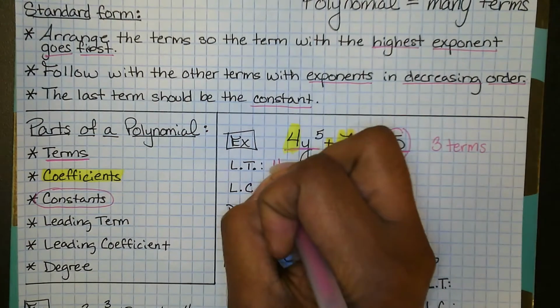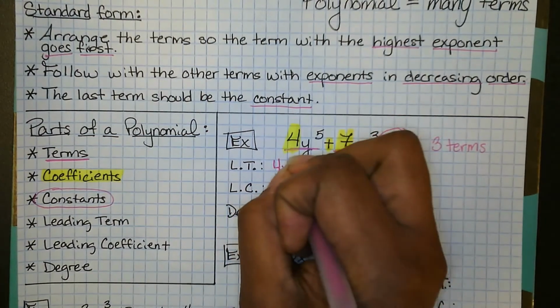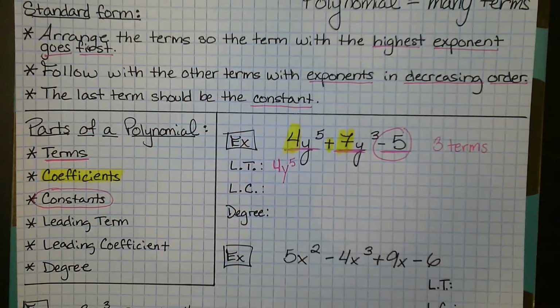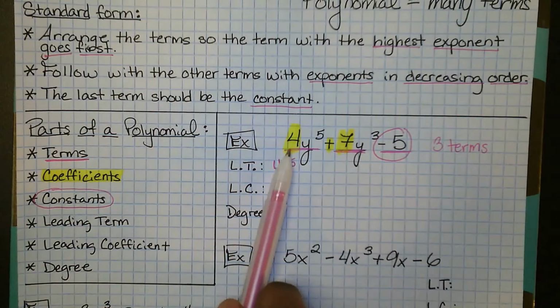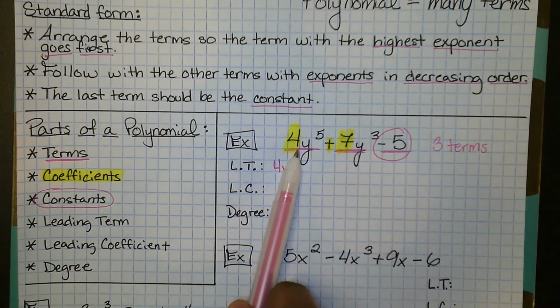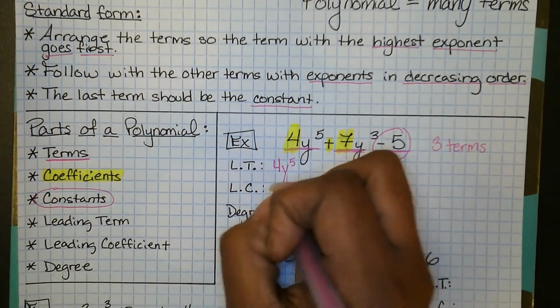So 4y to the 5th power. Now the next thing they're asking us for is the leading coefficient. Well, the leading coefficient is just the coefficient of the leading term. And we've already highlighted the coefficient of the first term, and that was 4.